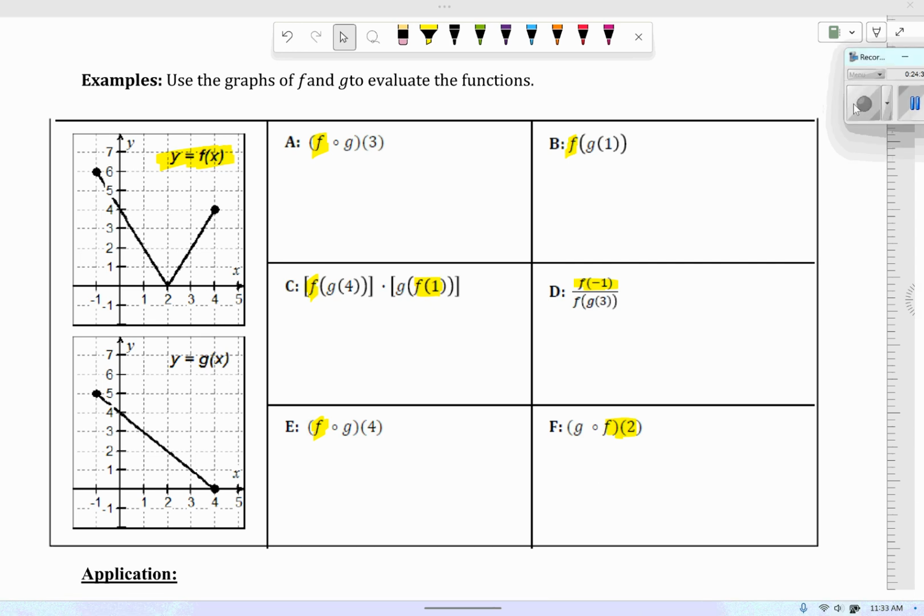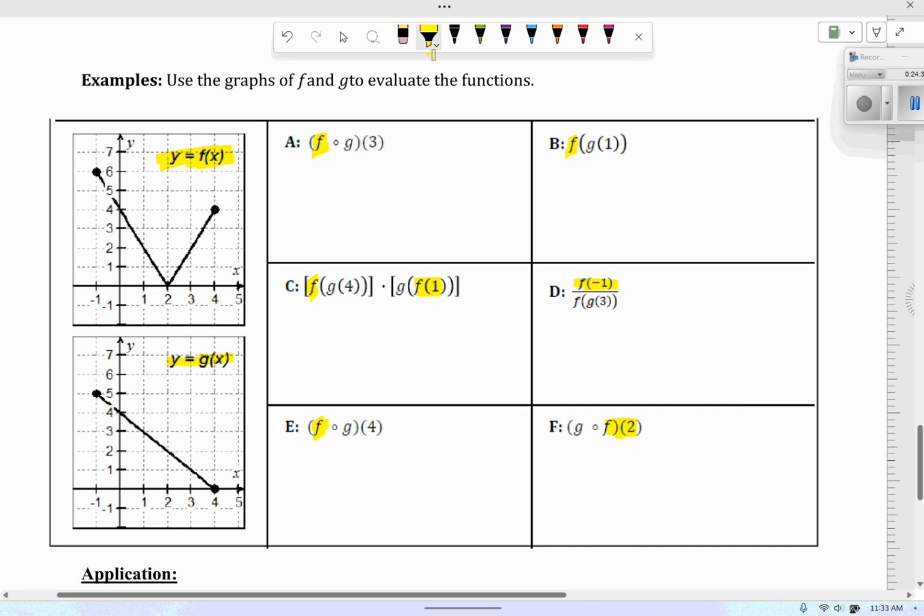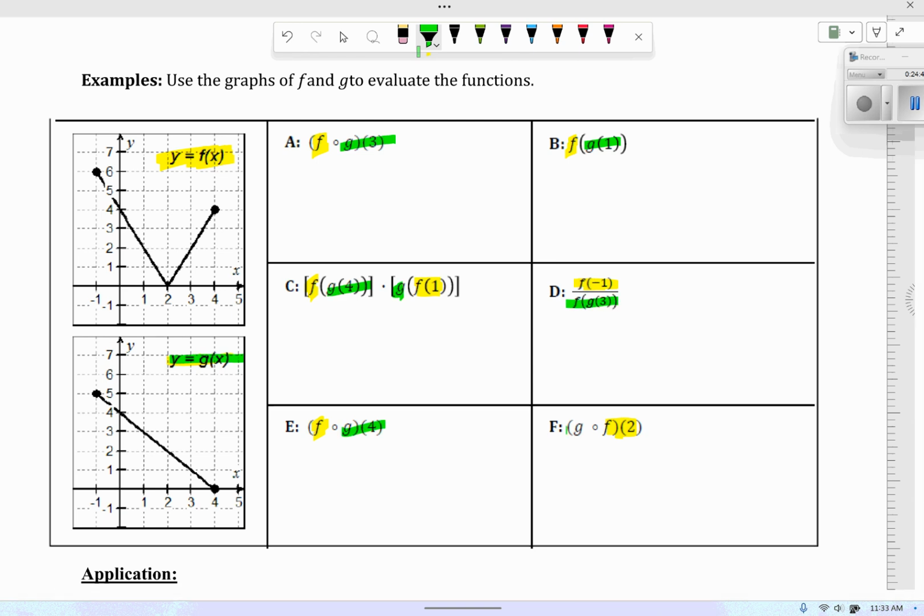All right, and then so we can do g of x. Okay, just helps me to use different colors. So the inside function here, remember if we rewrite this, would be f of g of 3.